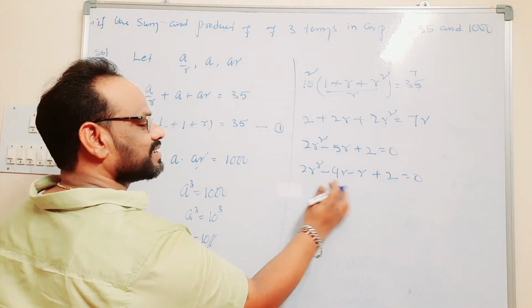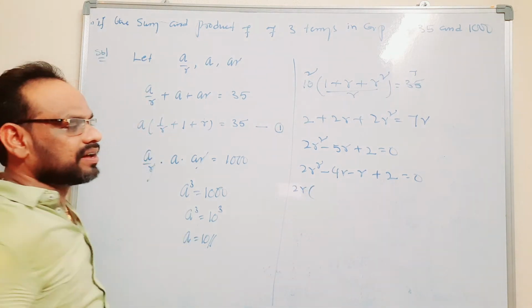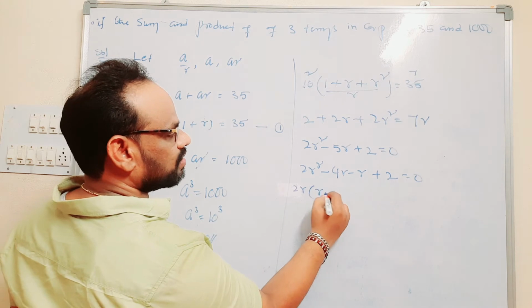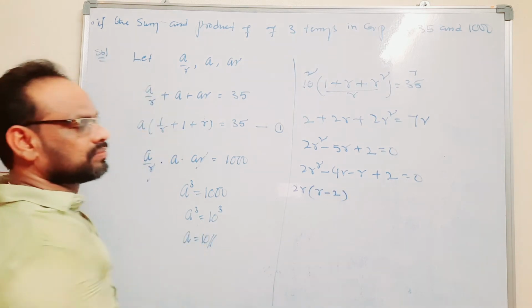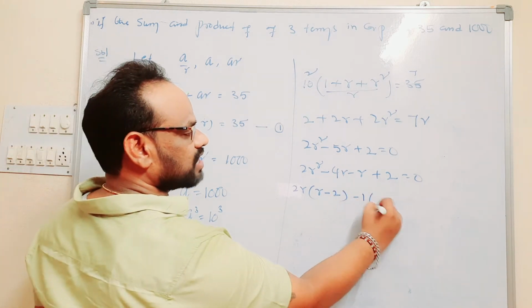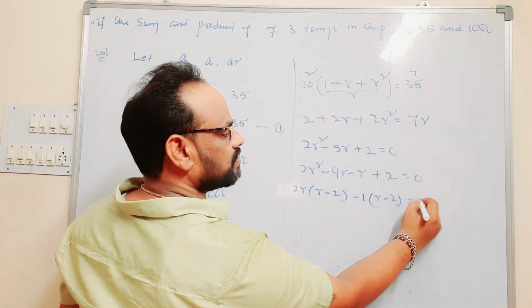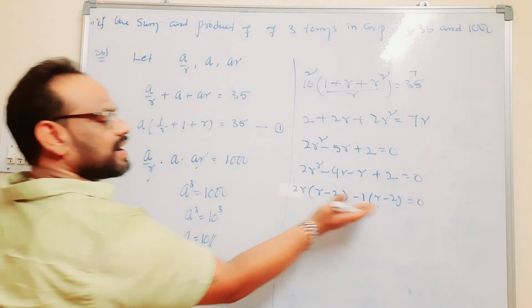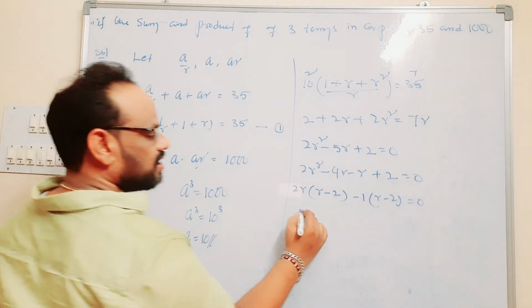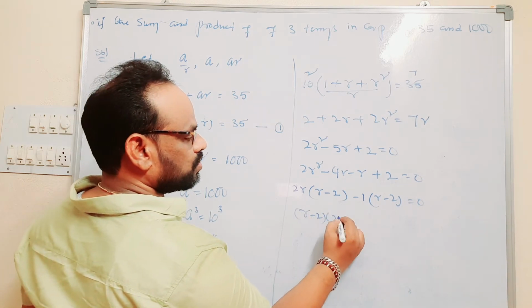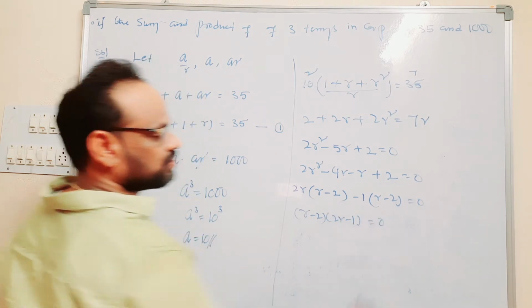Take 2R as common: 2R into (R minus 2). Take minus 1 as common: minus 1 into (R minus 2). Take R minus 2 as common: (R minus 2) into (2R minus 1) is equal to 0.